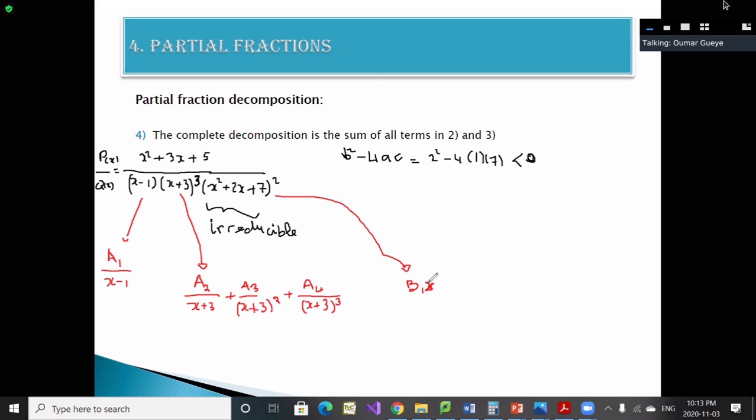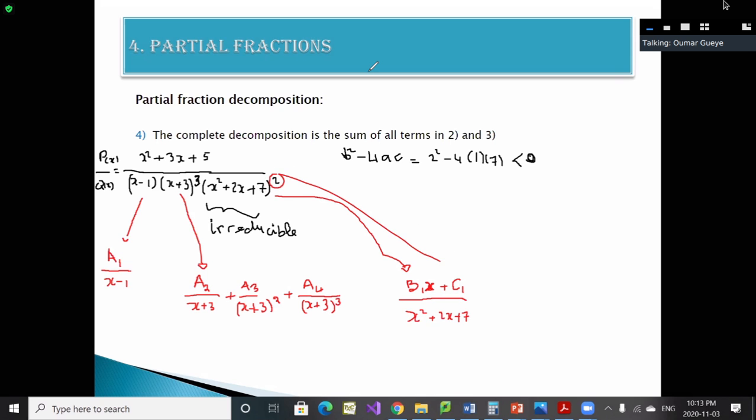And for the quadratic factor it is going to be a linear expression, B1x plus C1. This is exactly what the third step says. Over, you copy this, x squared plus 2x plus 7. Okay, not done. Because here it's repeated twice, that's why we have 2 terms.